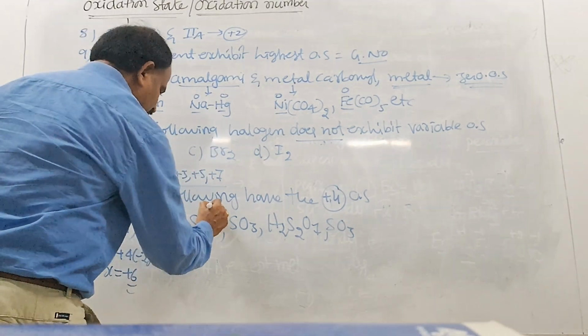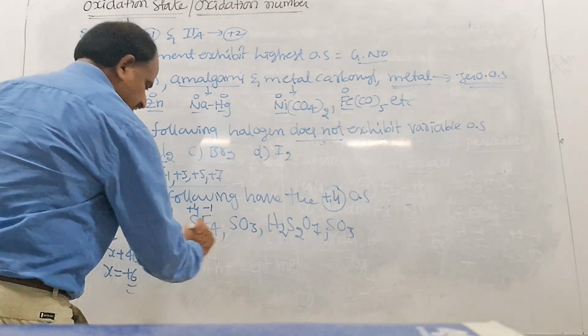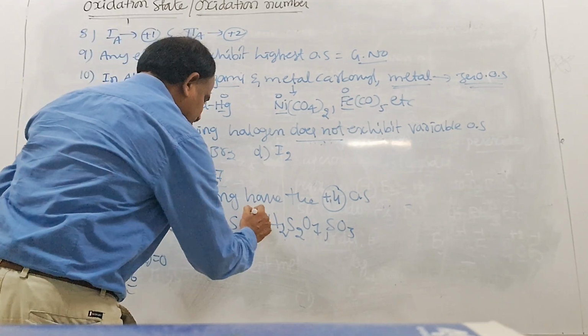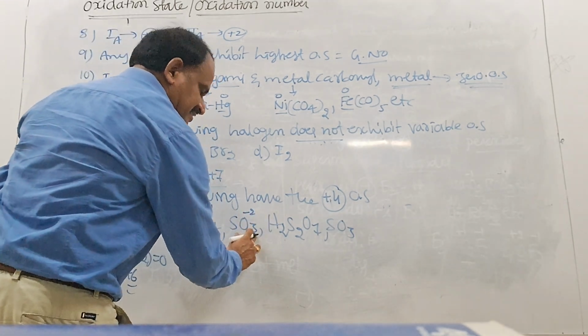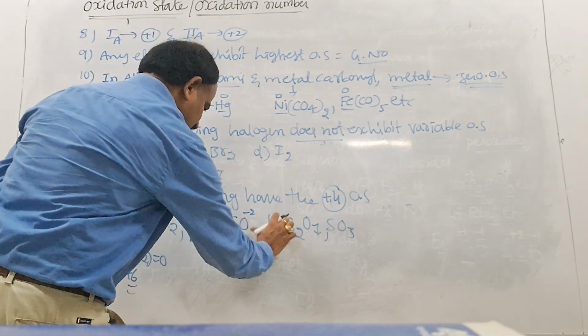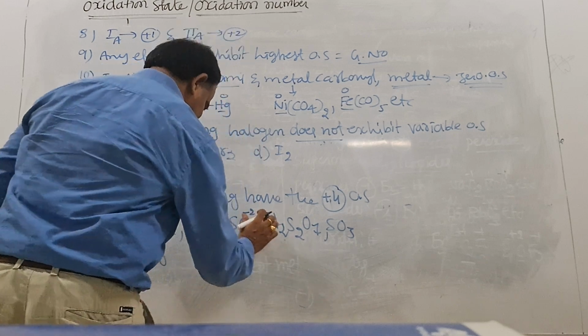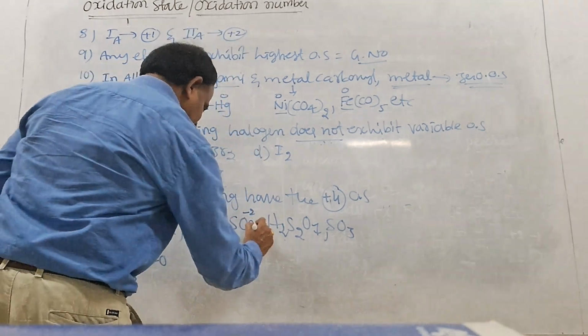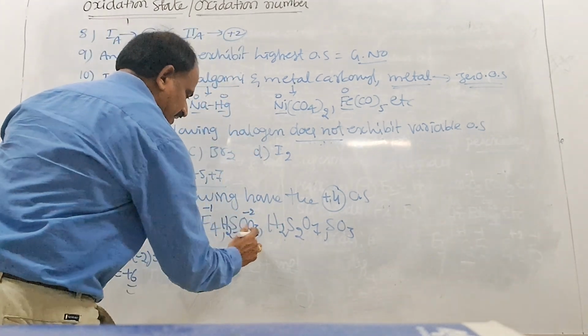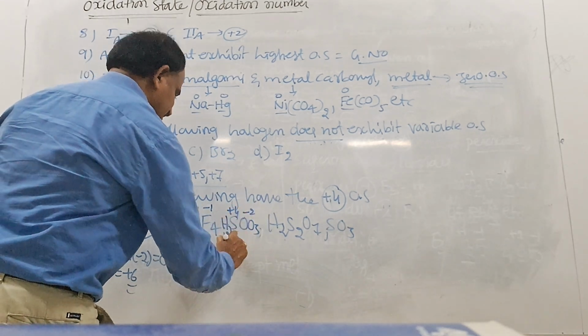Next, coming to here, fluorine is -1 always, -1 into 4 is -4, so sulfur is +4. Yes. Sulfur trioxide, oxygen -2 into 3 is -6, so sulfur is +6. Sorry, H2SO3: sulfur, -2 into 3 is -6, plus 2, equal to +4. Yes.